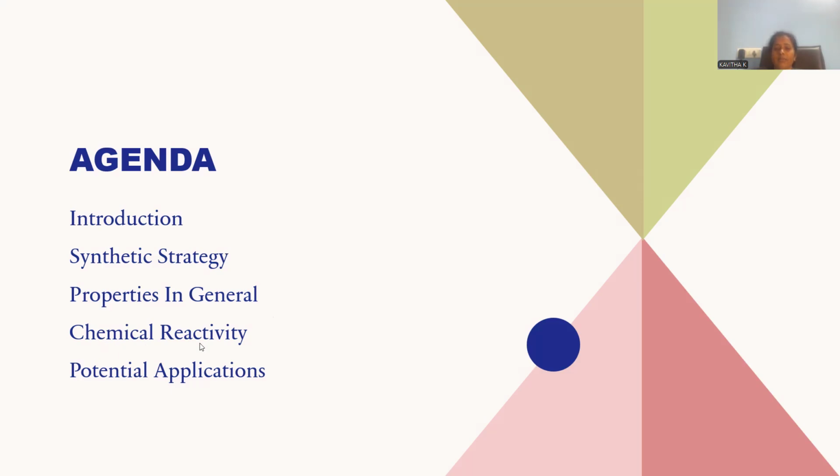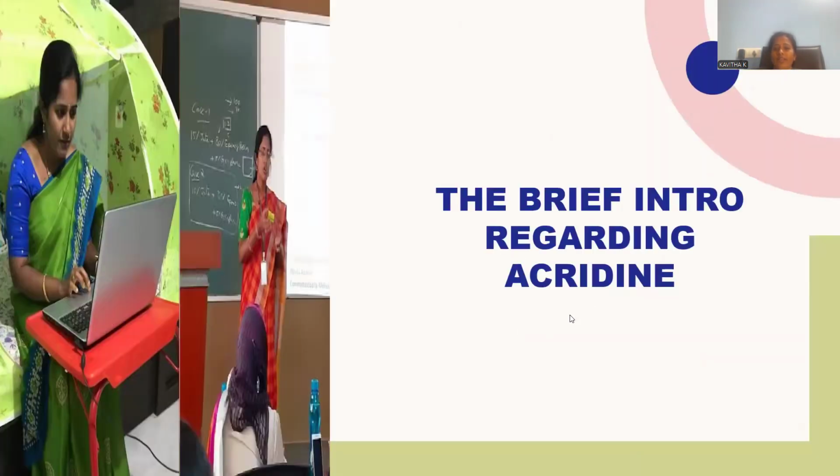And finally we will go with the potential applications, in which field we can conveniently utilize the acridine molecule, being heterocyclic and having a nitrogen heteroatom. All these topics will be discussed in the session on acridine, right?